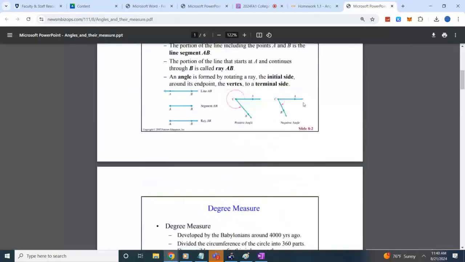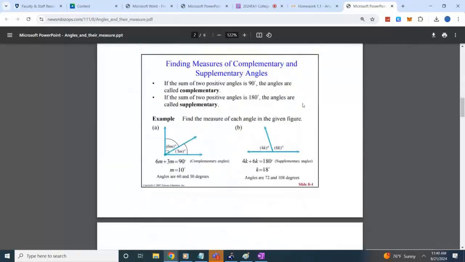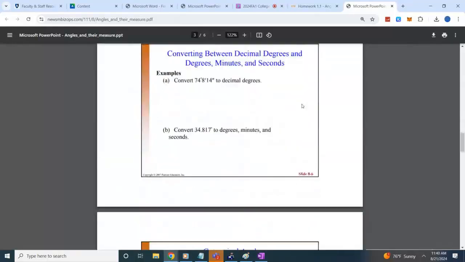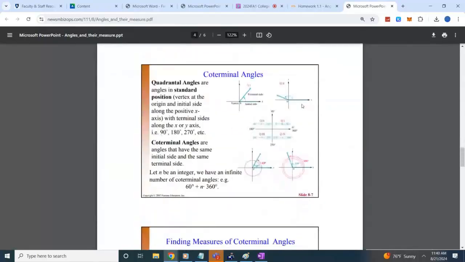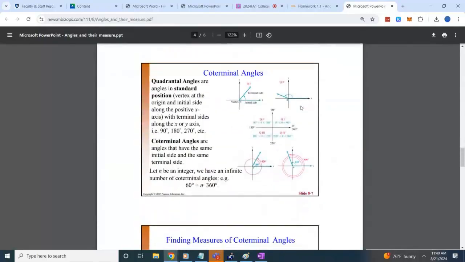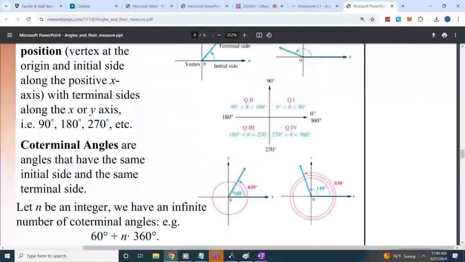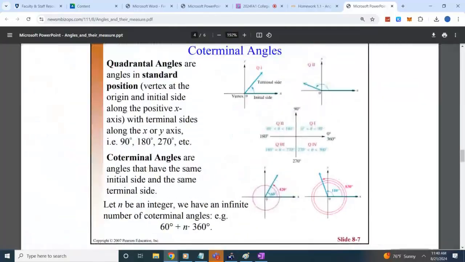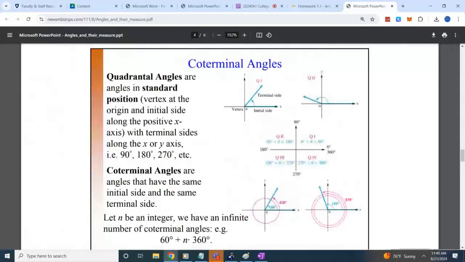Okay, and then following along the slides, if we go down a few slides, here are the coterminal angles. You have what are called quadrantal angles.